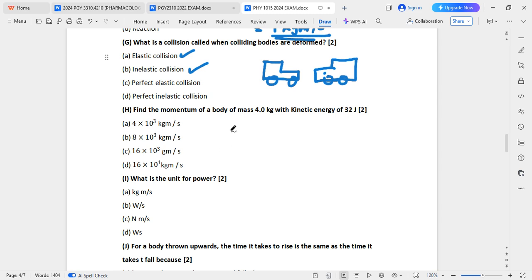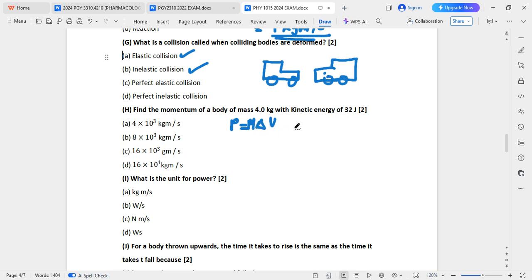One thing we need to know is that there's a relationship between kinetic energy and momentum. Now you know how do you find momentum? Momentum P is given by mass times change in velocity. That's how we calculate momentum.